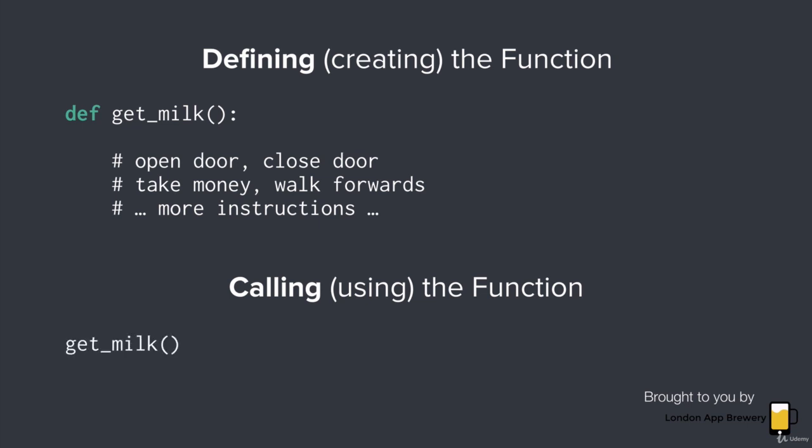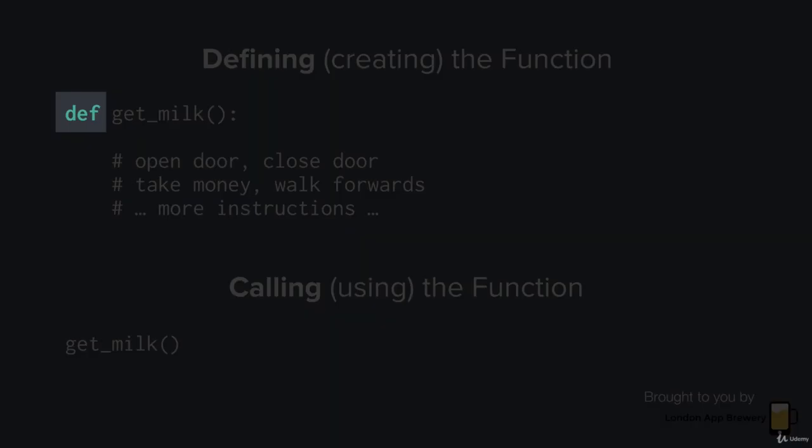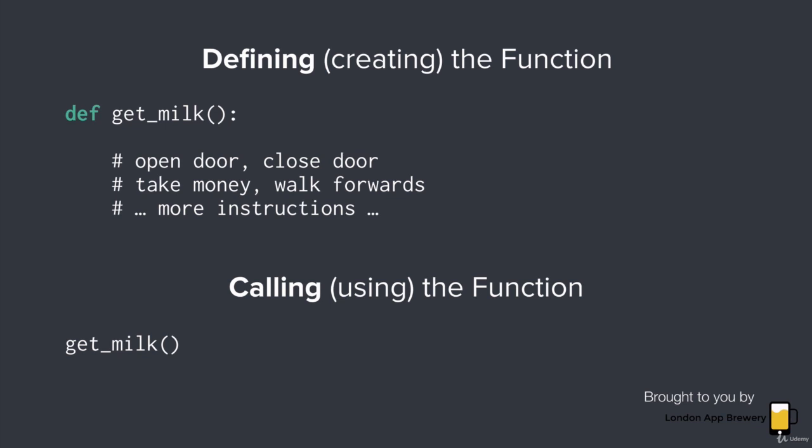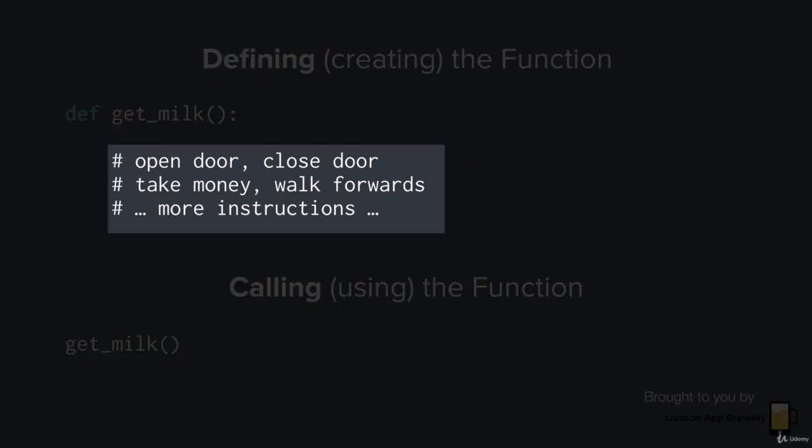The syntax looks like this. When defining the function, you'll always see this keyword, def, followed by the name of the function, followed by parentheses, followed by a colon. After the colon, on the lines below, you have the instructions inside the function.